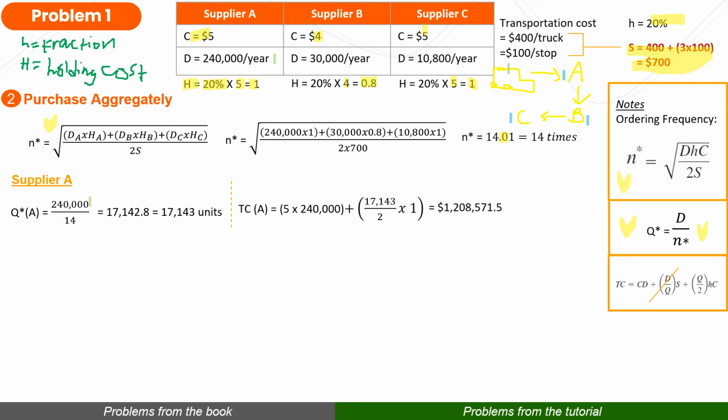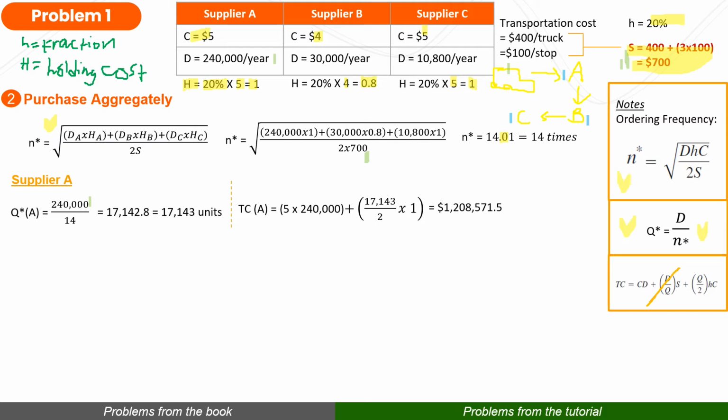And then for the total cost, we use the previous formula, but we don't have to compute the annual ordering cost again, because it has been computed before in here, so we don't need to compute ordering cost for each supplier. So we just need to compute the annual material cost and the annual holding cost.